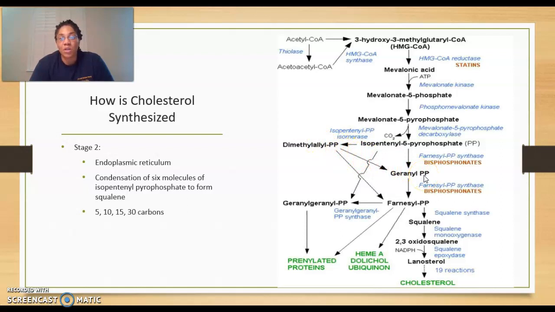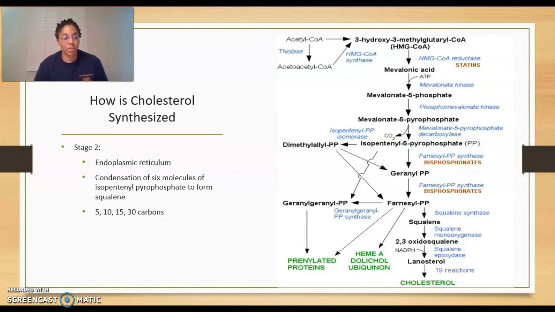Then geranyl pyrophosphate works with, again, isopentenyl pyrophosphate to form farnesyl pyrophosphate, which is a 15 carbon structure. Then that 15 carbon structure forms squalene. If you have two tails of the farnesyl pyrophosphate together, because it's a 15 carbon structure, two of those tail ends together forms a 30 carbon structure.